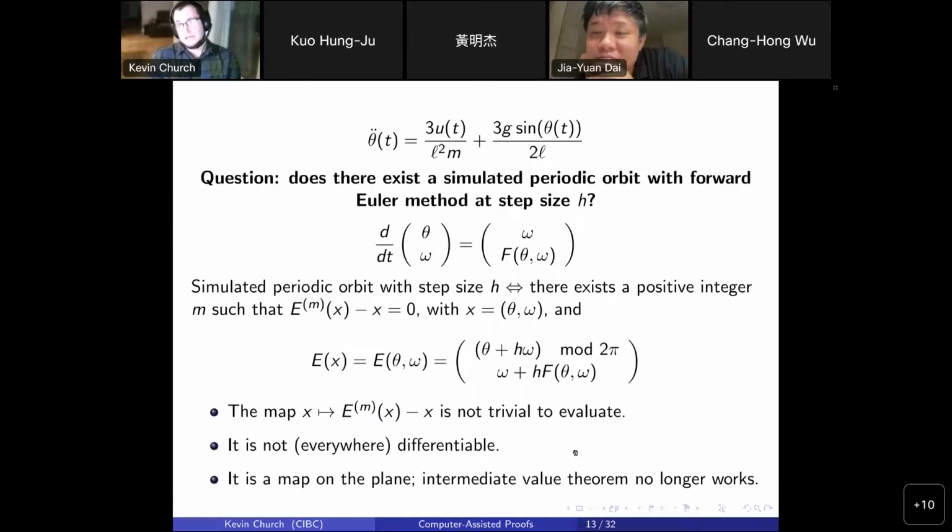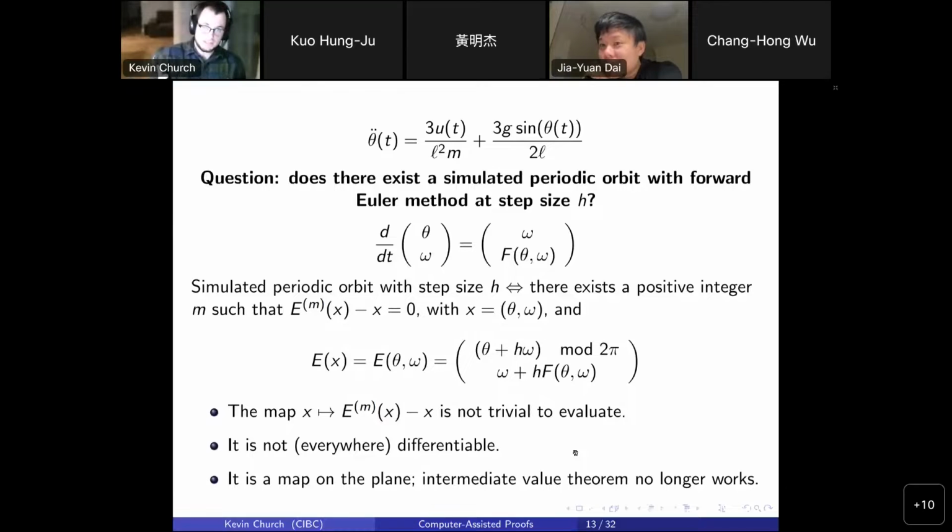So one thing we can ask is, if we look at the step size of the Euler method, whether we have periodic orbits for certain step sizes. And if this is the case, then that basically means that the controller is not performing the way it should. So we're interested in this for other reasons that I won't really get into.